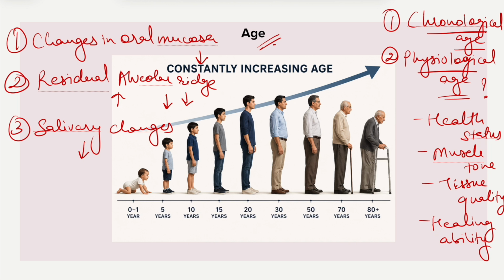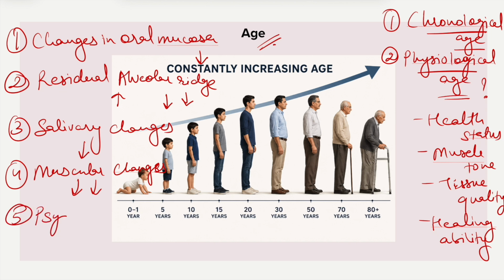Okay, then comes the muscular changes. There is often reduced muscular tone and reduced neuromuscular coordination. This can compromise denture control. Okay, and the fifth is psychological changes.